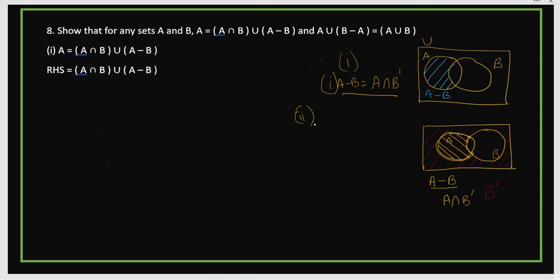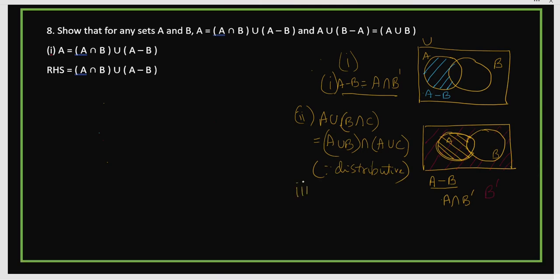Now, the second thing is A union B intersection C equals A union B intersection A union C. It is only a distributive law.